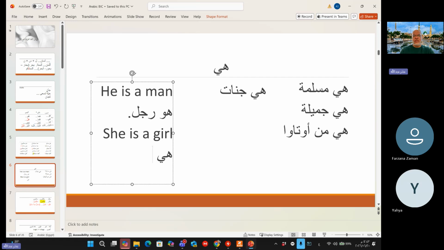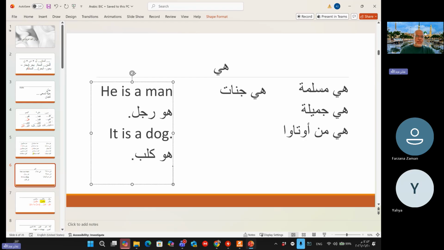Okay, yeah, I'm sorry, the question is not this, not he is a man, but let's say he is a dog. It is a dog. So Arabic would be huwa kalb. So it is the same pronoun huwa in both cases.